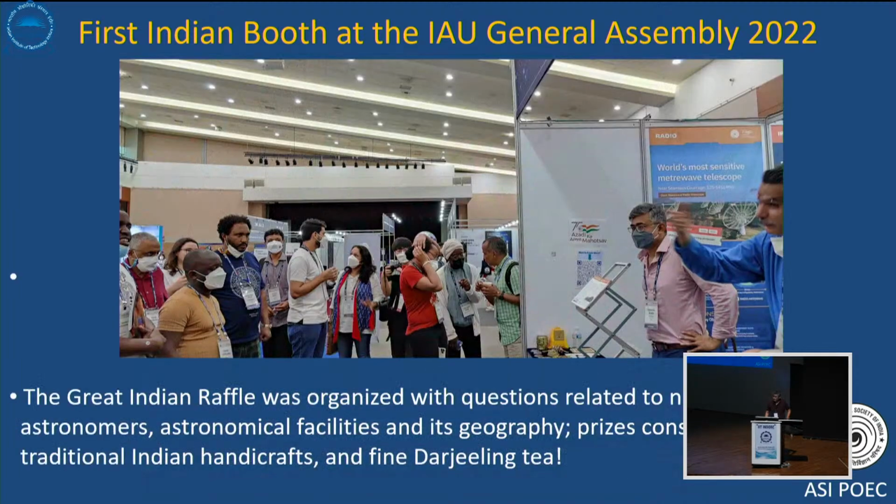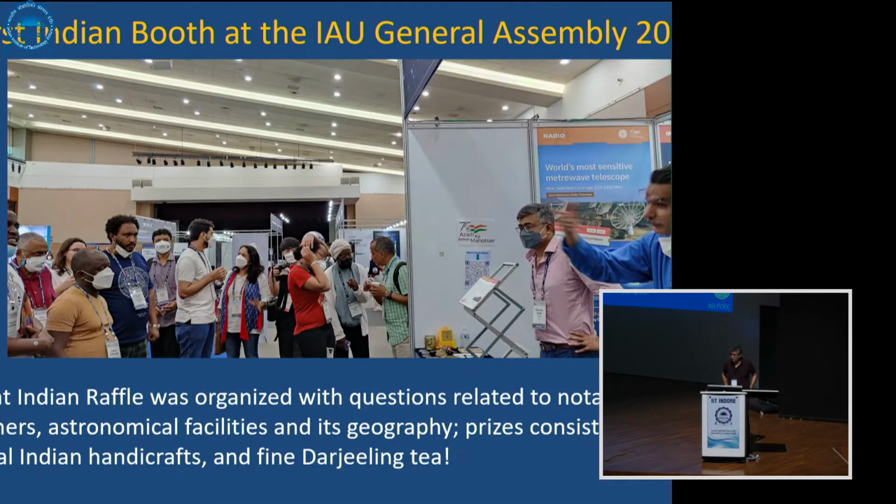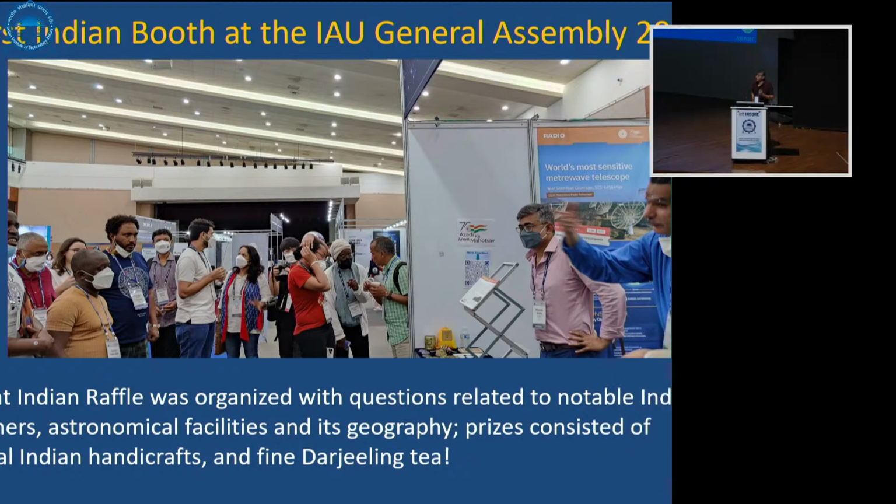We conducted a couple of different events. The reason I want to talk about it is because I want to talk about how outreach has evolved, what others have been doing, and what we could do in principle. We also conducted what we call the Great Indian Raffle on one of the days, where we had quizzes on well-known Indian astronomical facilities, important contributions to astronomy by astrophysicists and astronomers from India, and the locations and geography of Indian astronomical facilities.